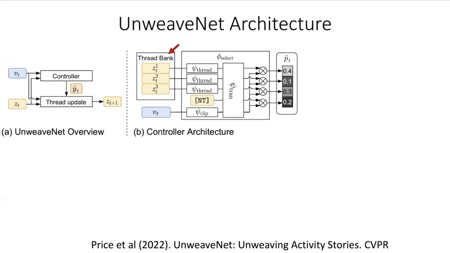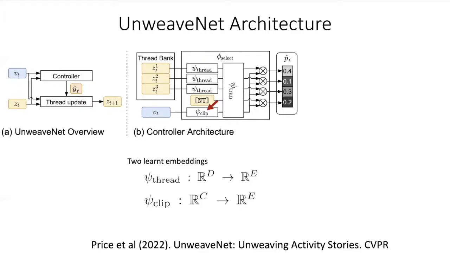In this example, we visualize a thread bank at time T with three threads, Z1 to Z3. UnweaveNet learns two linear embeddings, a thread embedding and a clip embedding. Both produce an output of the same dimension E. We also learn an encoding of the same dimension to represent a new thread.